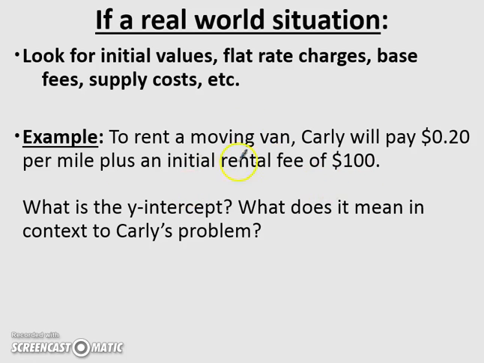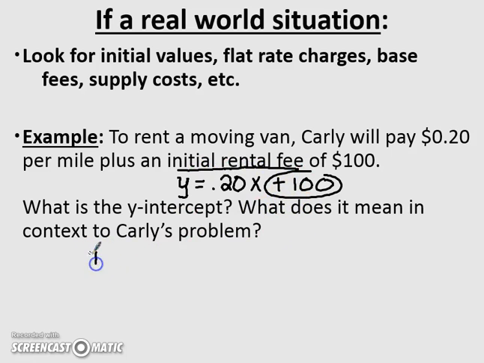Sometimes it's easier to write an equation for this. So the total cost would be equal to 20 cents for every mile plus $100 extra for the initial rental fee. This $100 is an initial value or a starting value. That is known as the y-intercept.